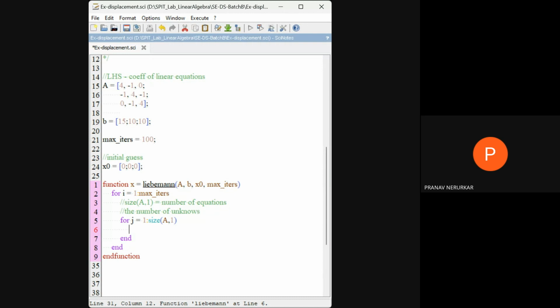Next, each element in X is obtained from the Seidel formula.